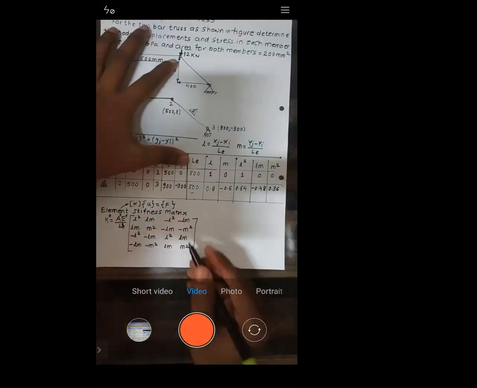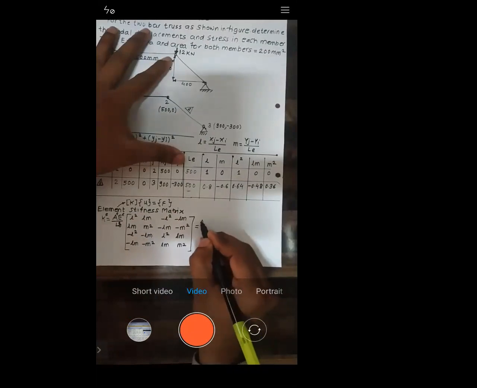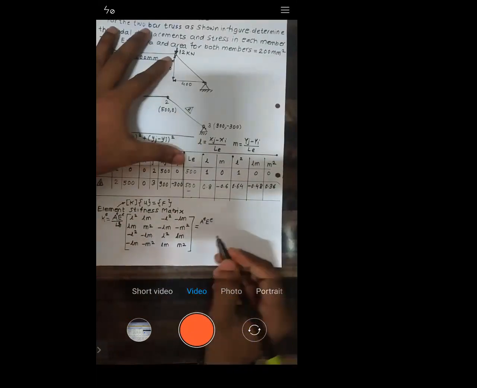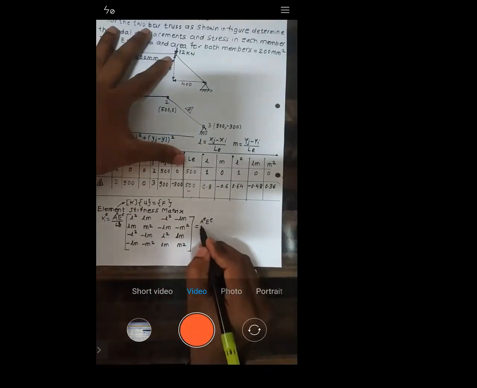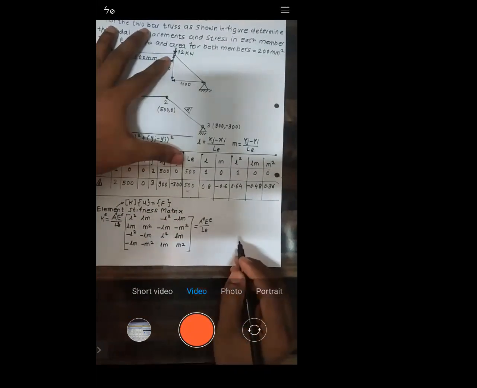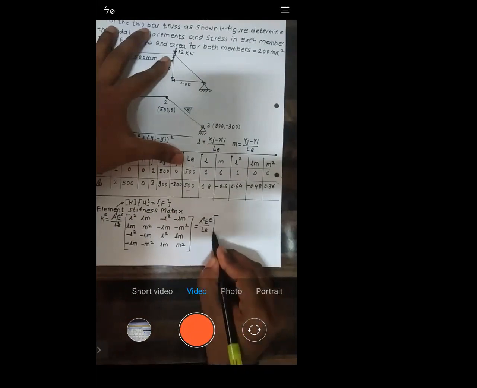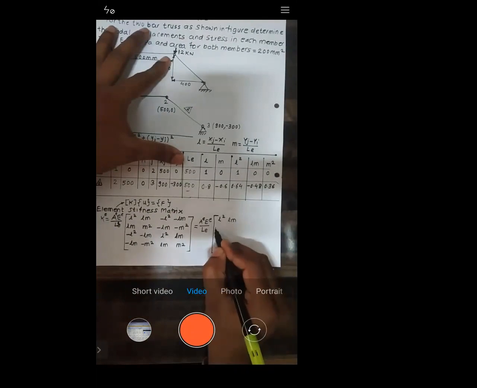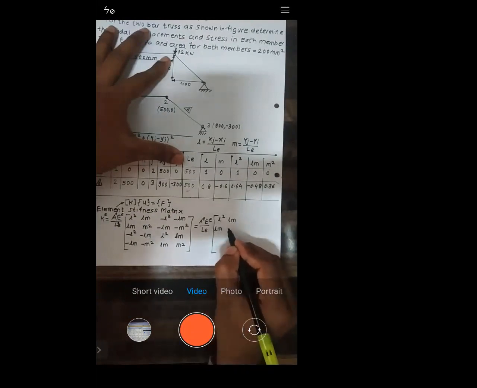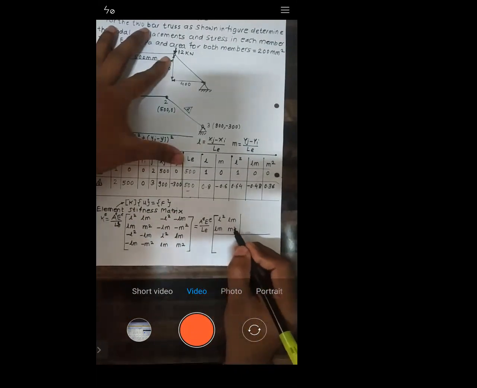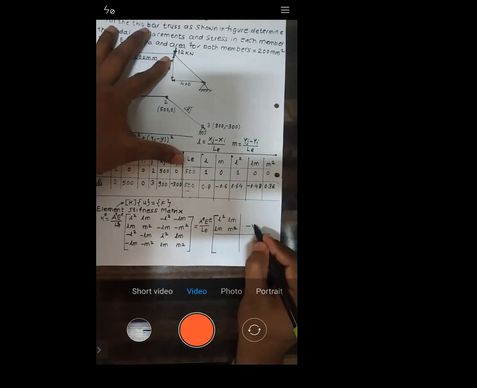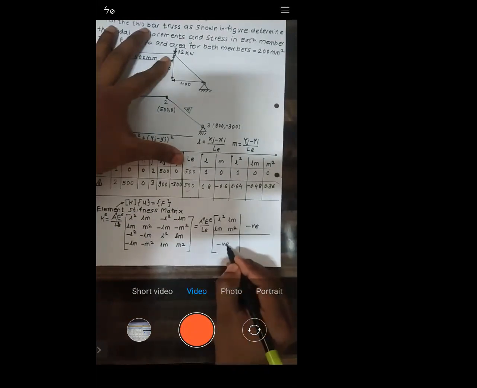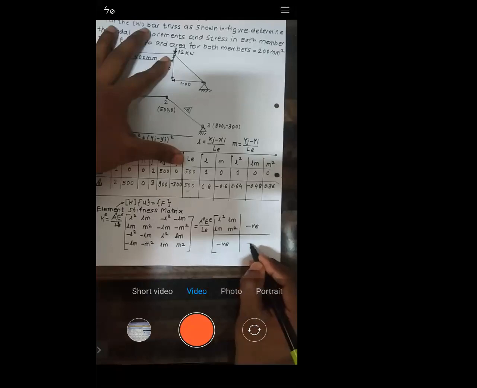In simplified form, I write area of element, E of element upon length of element, into L square, LM, then again LM and M square. On this side I have a negative, on this side I have a negative, and on this side I have positive. Is it okay with this one or not?